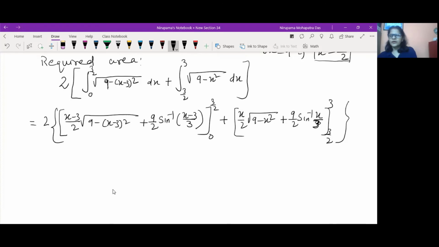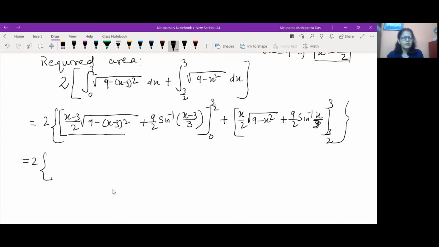Now putting the value upper limit minus lower limit. So what I do here, I am taking term wise, and each term getting upper limit minus lower limit, because breaking the calculation into smaller parts, we can avoid committing mistakes. Okay, upper limit minus lower limit, this is 3 by 2 minus 3. That is minus 3 by 2.